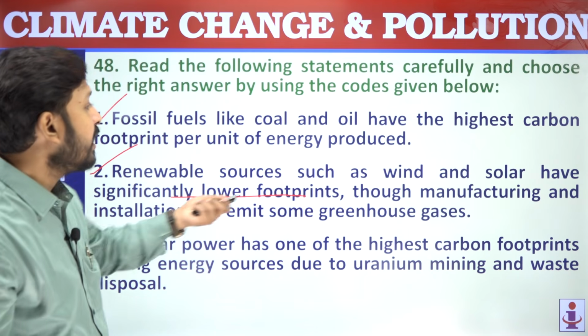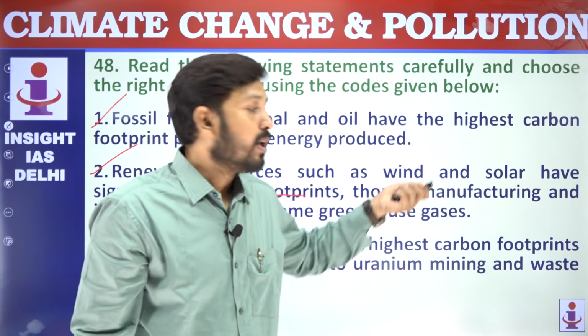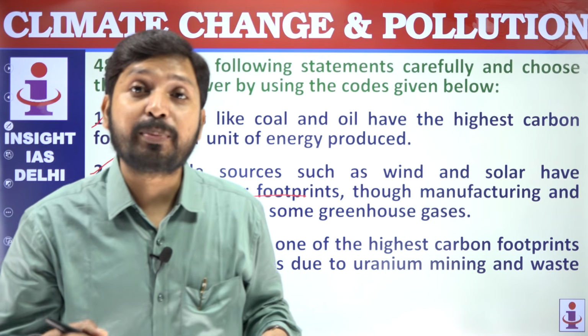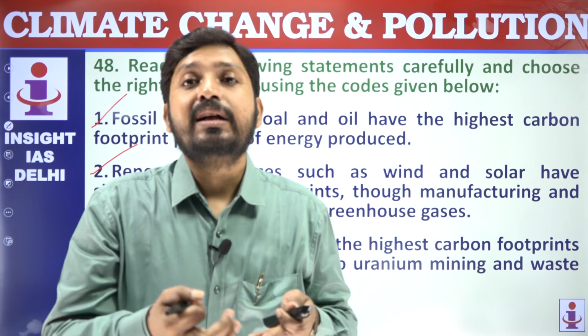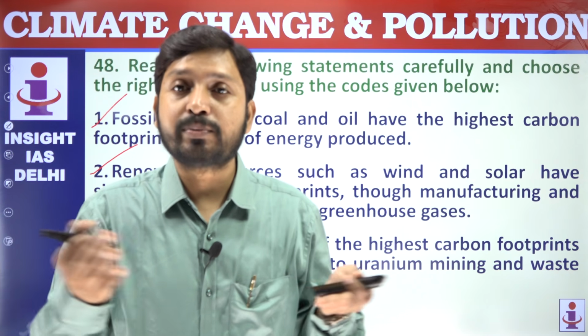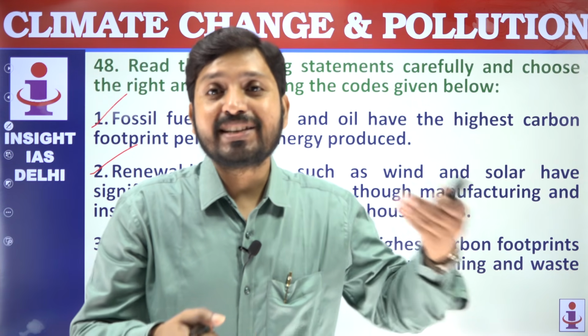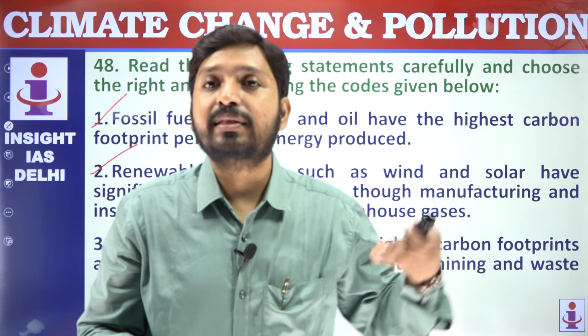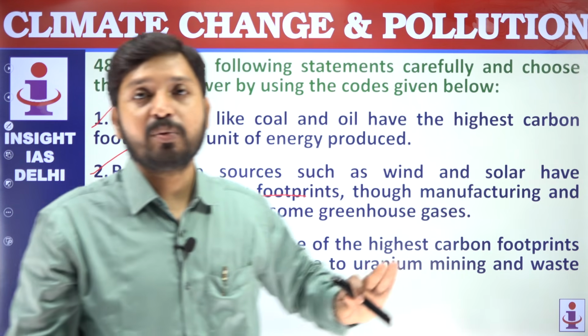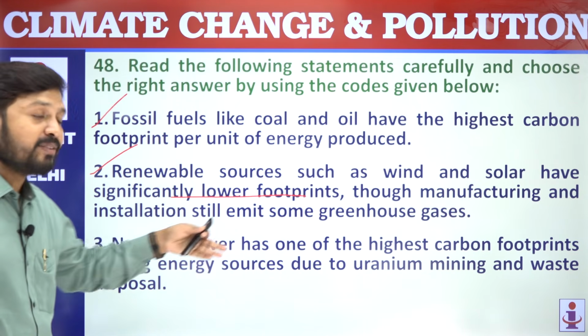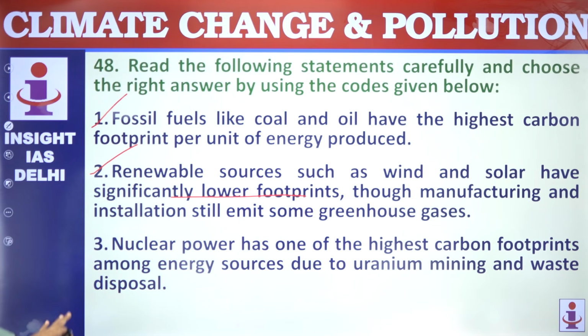Yes, they will have lower footprints. For example, wind turbines or solar panels: in the process of manufacturing these things, some CO2 or greenhouse gas emissions will be there. But when they are installed and producing energy, there won't be any negative impact. Only the manufacturing process has a negative impact. So this is the right statement.